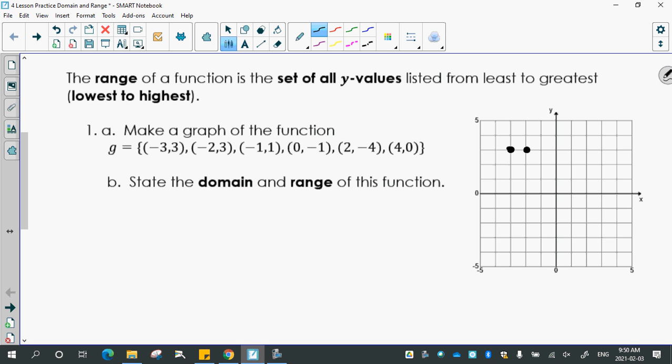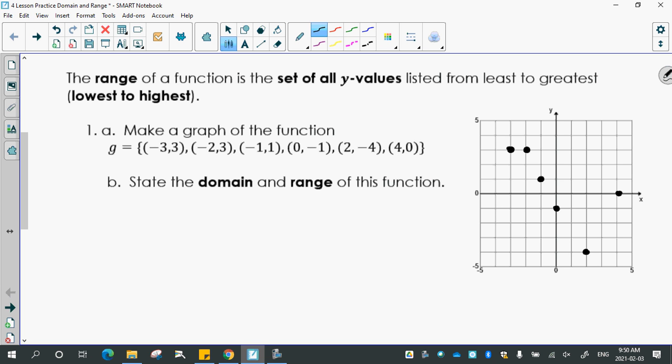Remember, x comes first and y comes second. Negative 1, 1 would be right there. 0 and negative 1 here. 2 and negative 4 down here. And 4 and 0 over here.